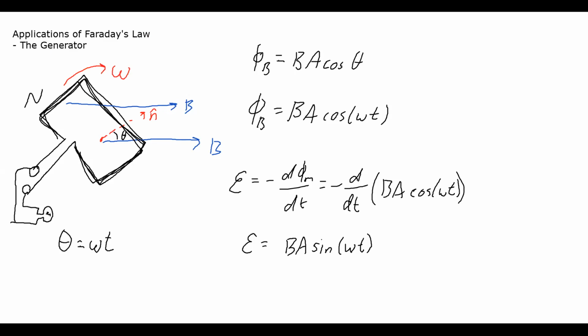So our total flux will have to increase by a factor of N. So I'm going to put N here. So the EMF gives us, I'm going to call this thing here, the NBA omega there, I'll call it Emax, my maximum voltage, times sine omega t. So Emax equals NBA omega.